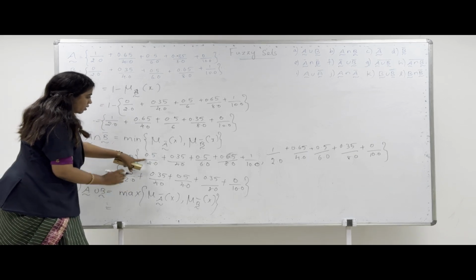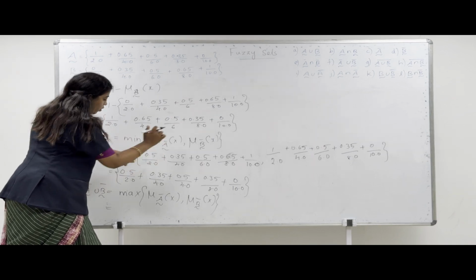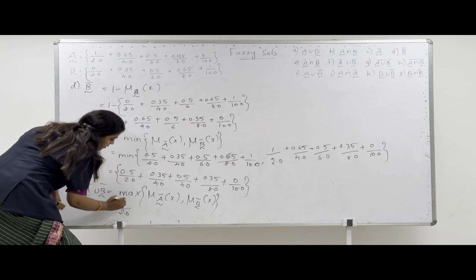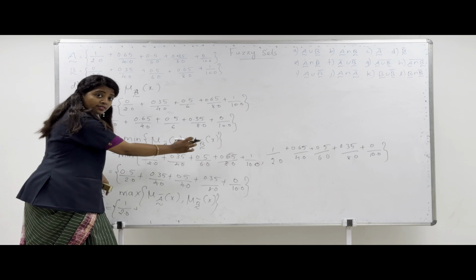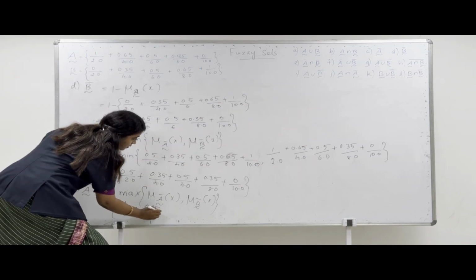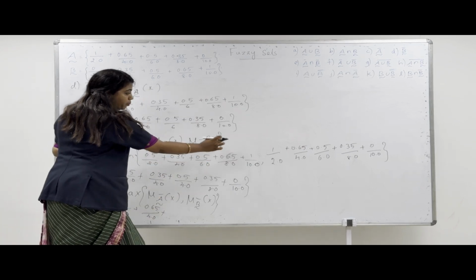So, compare each value from both the set, that is 0.5 and 1. What is the maximum value? 1. So, 1 by 2.0 plus 0.35 and 0.65. What is the maximum? 0.65. Again 0.5 and 0.5.